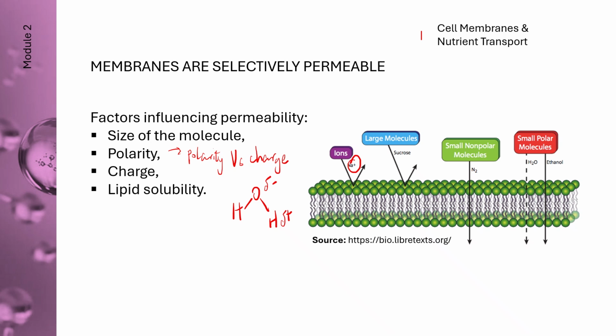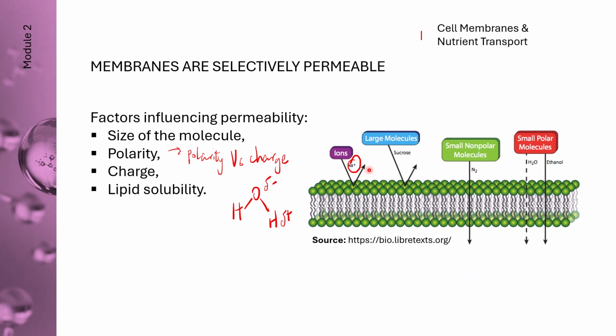So going back, these are factors that can affect how a substance crosses or does not cross the membrane. General principle: if it's heavily polar, it may not be able to pass. If it's slightly polar like water, it will pass very slowly. If it's charged, no way, it's a no-no. So any ion cannot pass through the membrane.